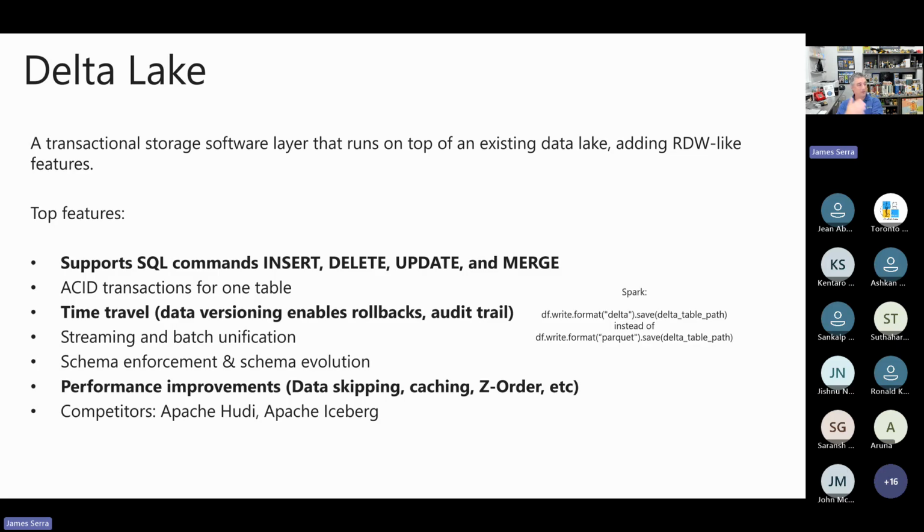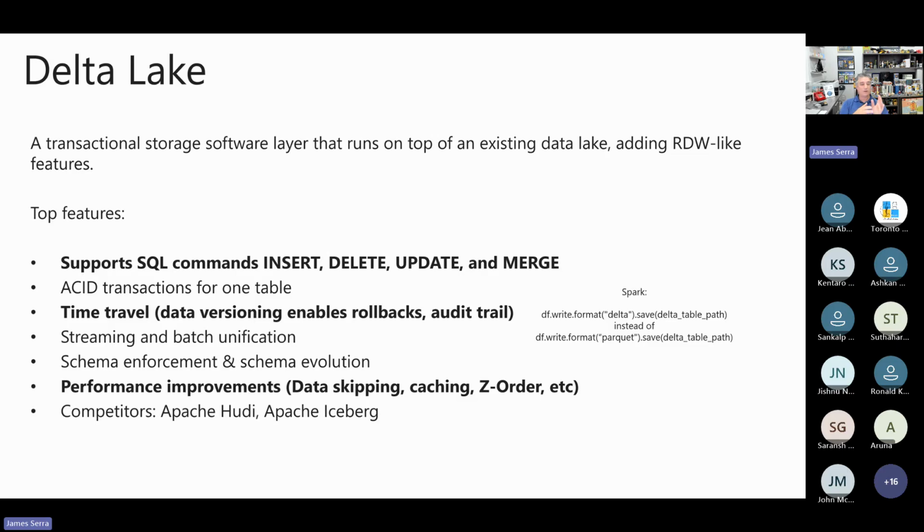That's why it failed, because it was too complicated for most end users when they had a relational data warehouse that was so easy through SQL. Delta Lake provided the ability to just run SQL commands, and it would know what you're talking about and would modify or query and pull out the data in the data lake.